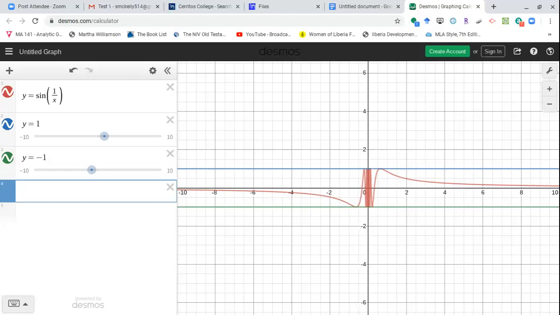Okay, that makes sense. So now we've got this inequality.